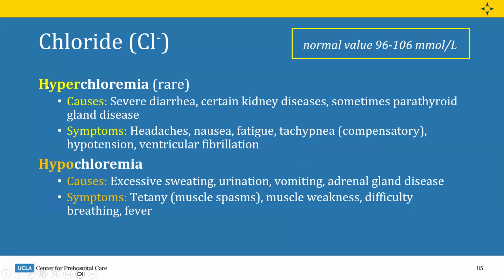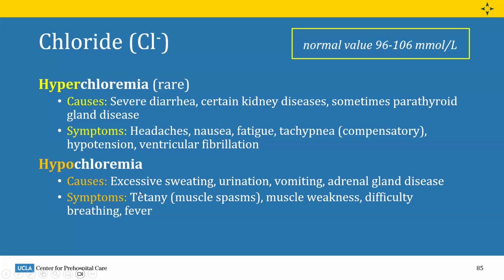So what happens if we have high levels or low levels? So high levels of chloride or hyperchloremia caused by severe diarrhea. So remember, diarrhea, we have to worry about fluid loss, but also electrolyte loss. Some kidney diseases and parathyroid gland diseases, they'll have symptoms of headaches, fatigue, nausea, tachypnea, hypotension, ventricular fibrillation, and then hypochloremia.